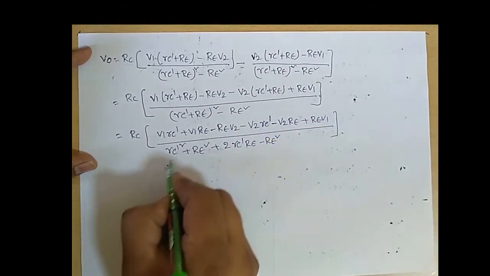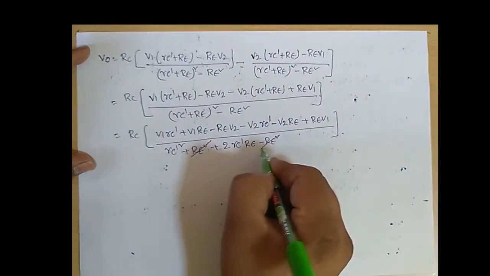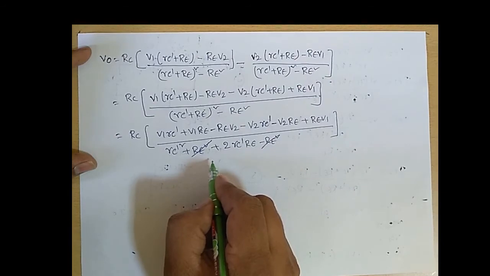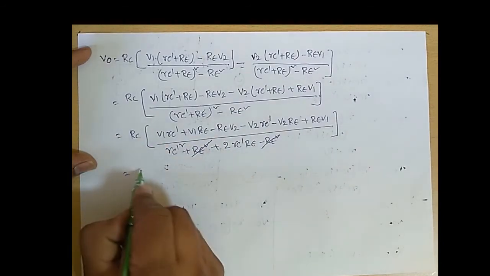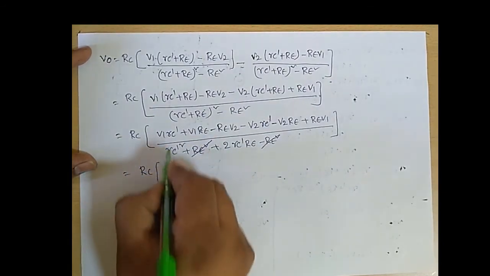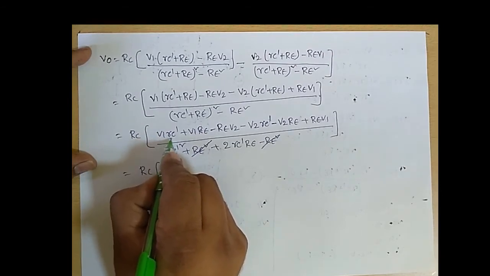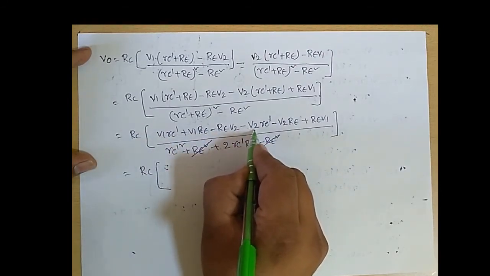In this equation RE square cancels, and similarly here RC of V1 into RE dash minus V2 into RE dash.